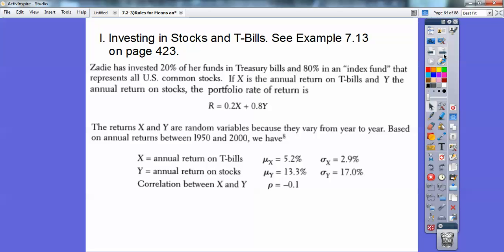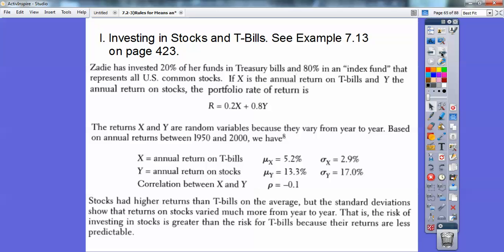The returns X and Y are random variables, because they vary from year to year. Based on annual returns between 1950 and 2000, the mean of X was 5.2% with a standard deviation of 2.9, and the mean of Y is 13.3% with a standard deviation of 17, and the correlation between them was negative 0.1.